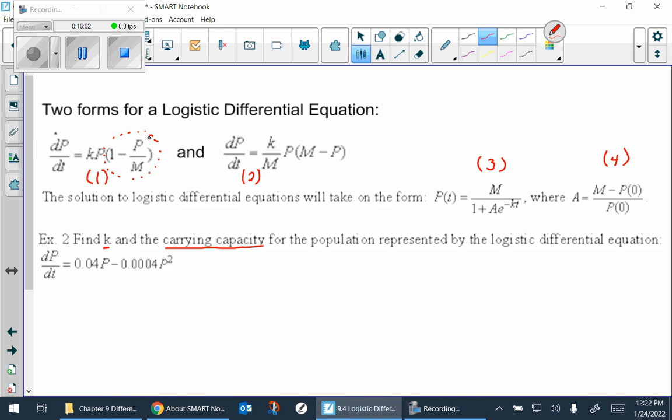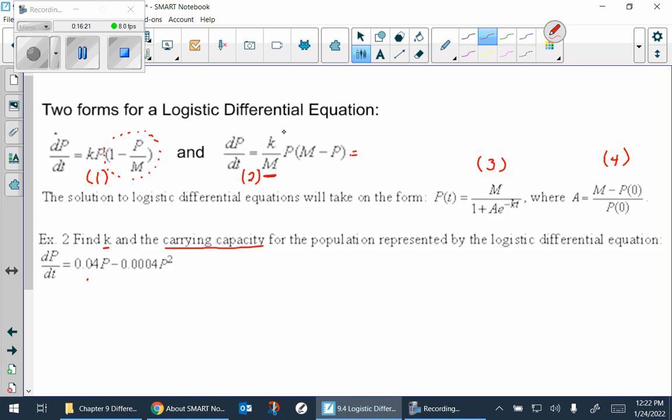Let's see now. I think that K over M, let's see. How am I going to do this?